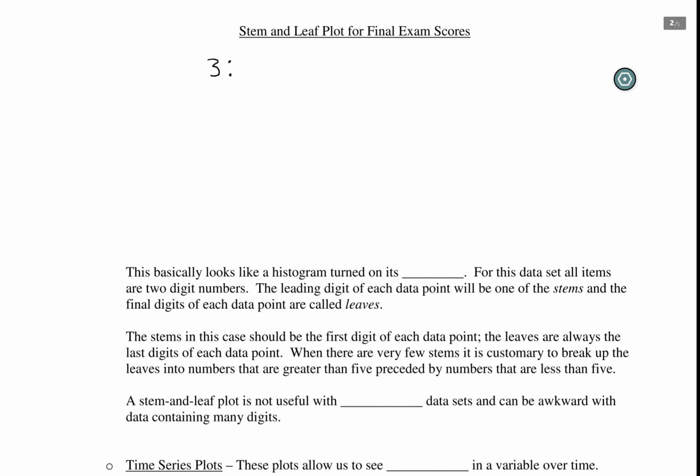If we go along with the same classes as before, we have a stem that represents 30 to 40. The smallest data value was a 36, then we had a 38, then a 39. So this is the stem 3, and then I've got the leaves here that reflect the other digits for those data points.